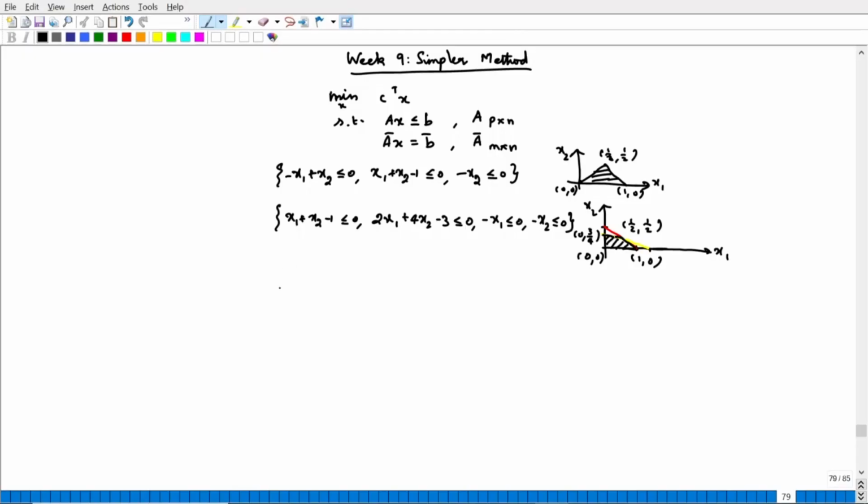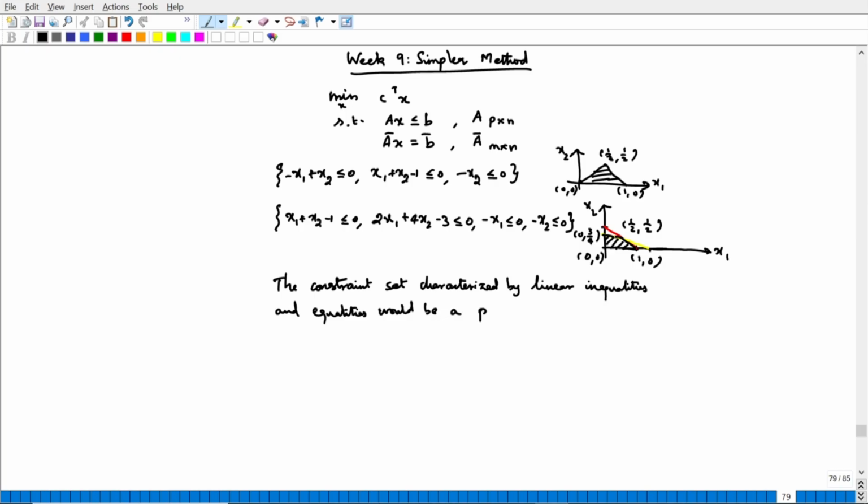So, what I am basically trying to say is that the constraint set characterized by linear inequalities and equalities would be a polytope.